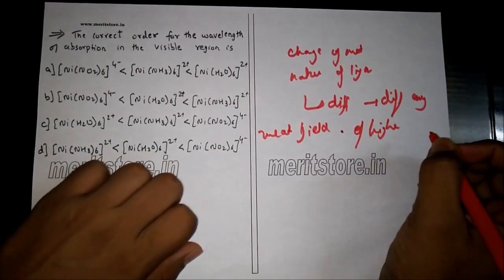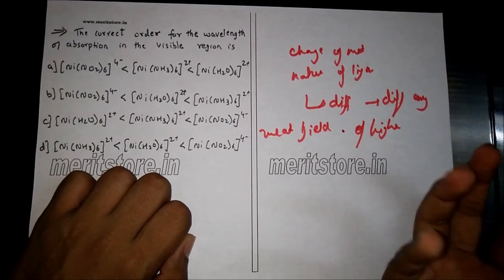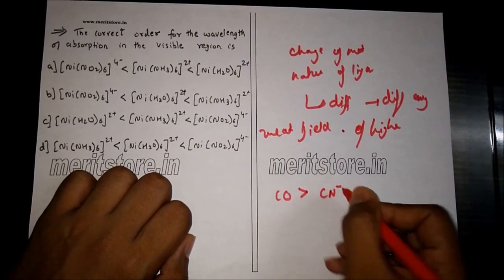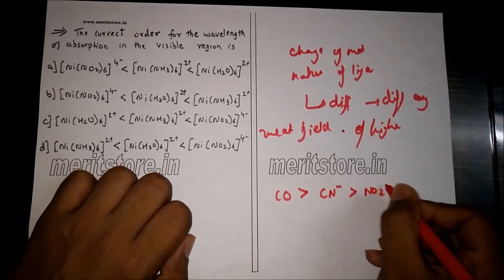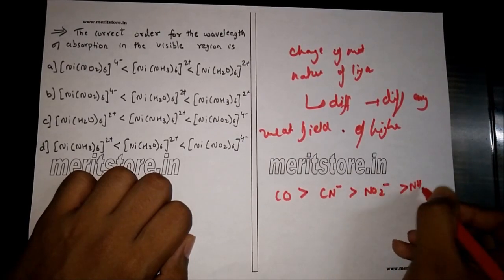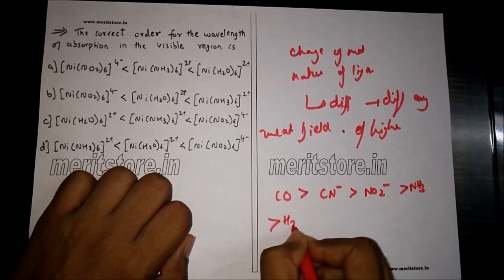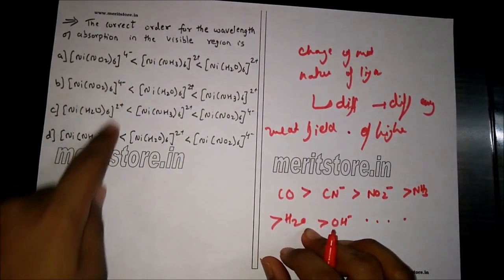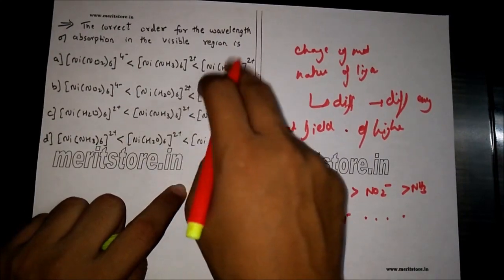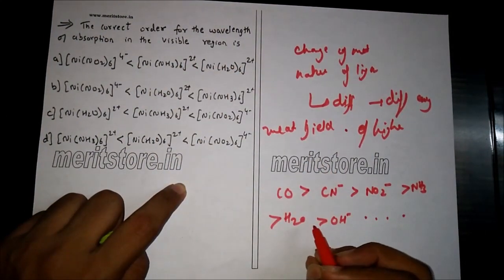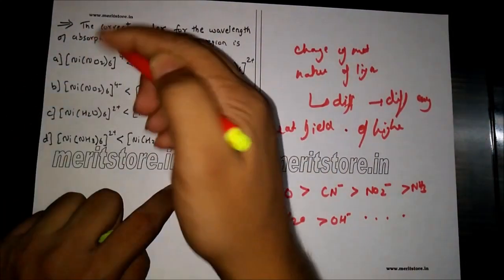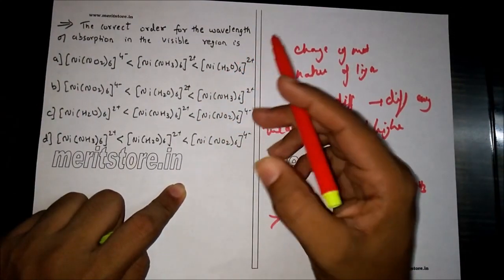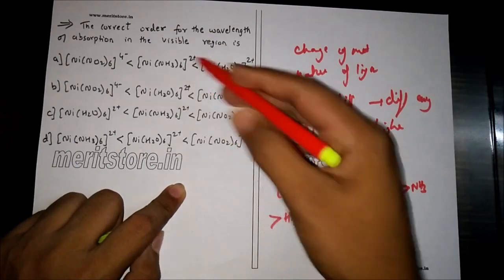The field strengths of the ligands can be obtained from the spectrochemical series, that is, CO is stronger than CN is stronger than NO2 is stronger than NH3 is stronger than H2O is stronger than OH, and so on. Now if you look at the options, the first option matches correctly, since NO2 is stronger than NH3, which is stronger than H2O. Therefore, this is the correct answer, which is option A.